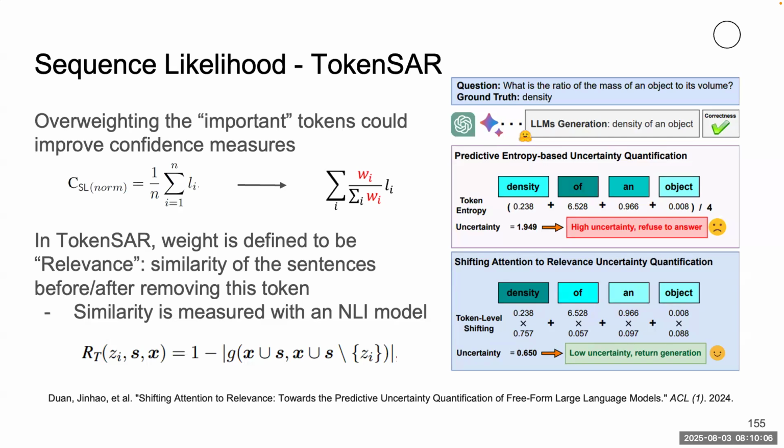Not all tokens are treated equally, and you have to assign a weight to certain tokens. By assigning weights, what I mean is removing certain tokens and measuring the change in similarity between the original output and the new sequence with the token removed.